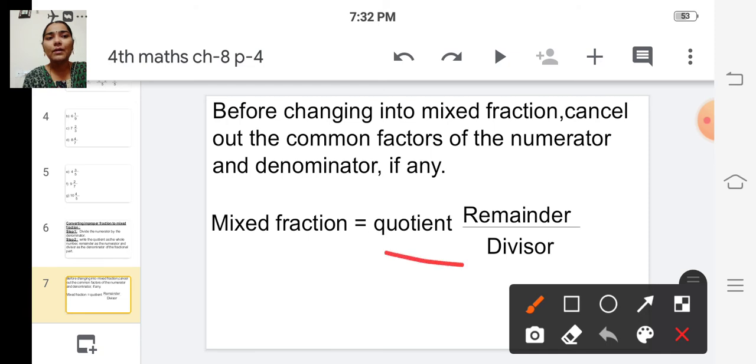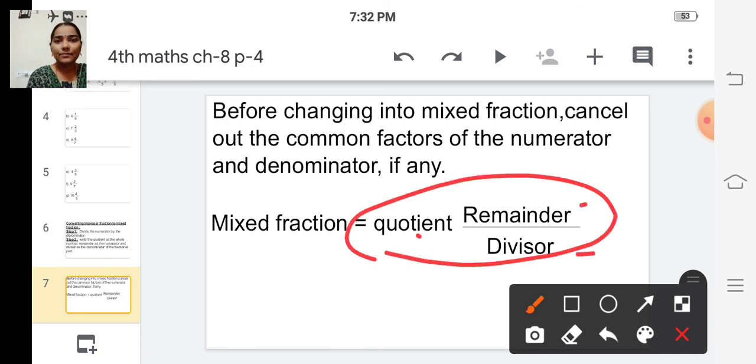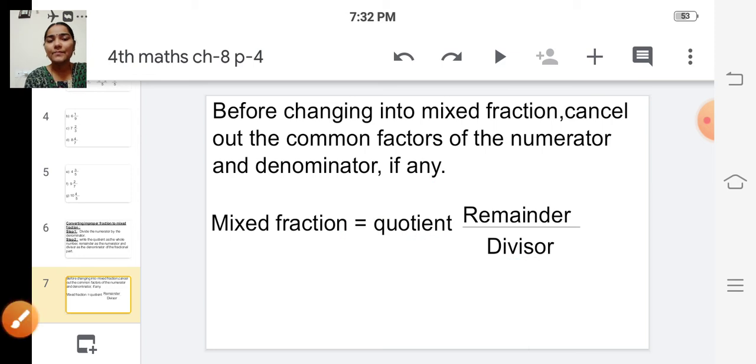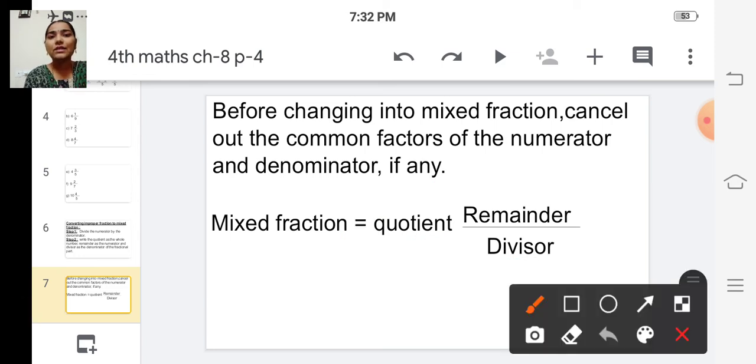So this is the format: quotient, remainder by divisor. Okay, so just read this.